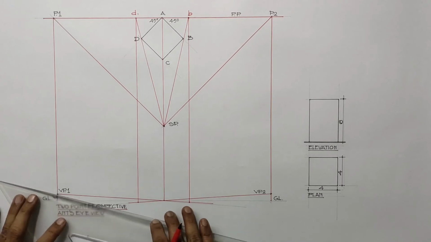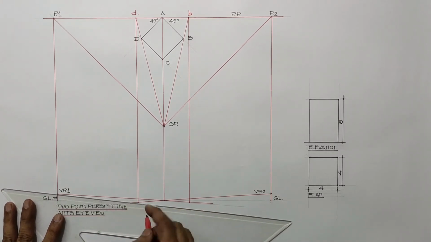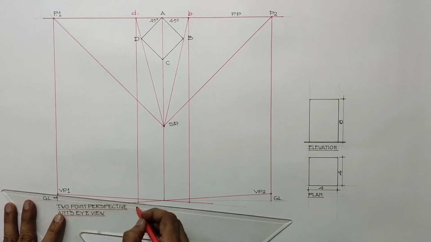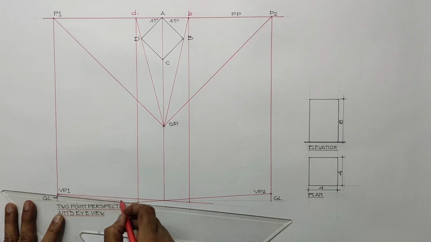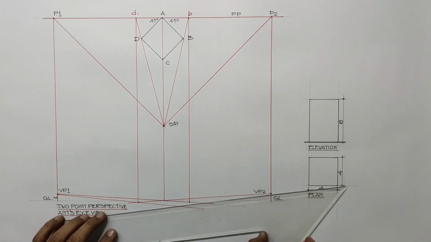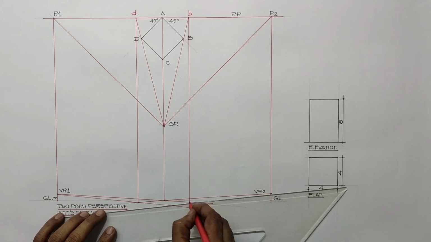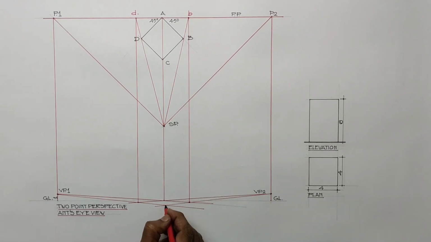From vanishing point 1, from D, draw a line from that point. Now we'll repeat the same thing from vanishing point 2 also. From B, draw a line. So these two lines will intersect at a point, this one, that becomes C. So we got the plan in 2-point perspective and side view.